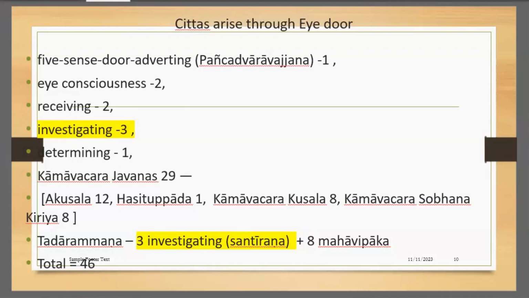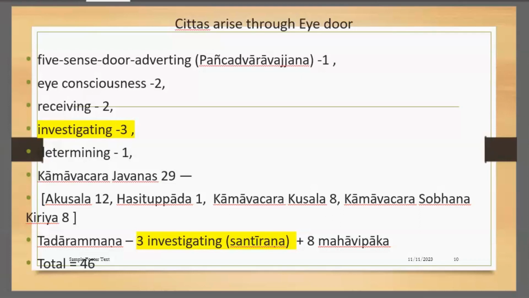Then one of the Kamavachara Javanas arises, performing the Javana function. If we attach to the visible object, lobha mula chitta arises. If you get angry with that visible object, dosa mula chitta arises. If you perform a wholesome action, such as offering flowers or food, at that time maha kusala chitta arises.